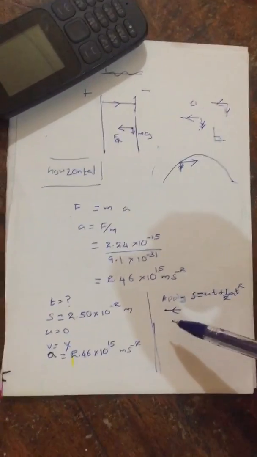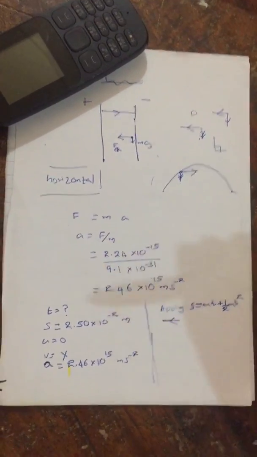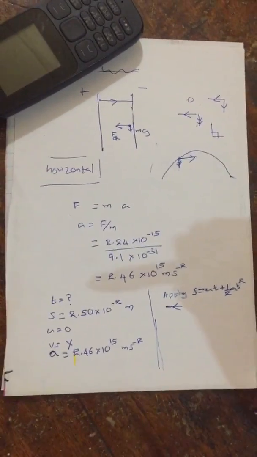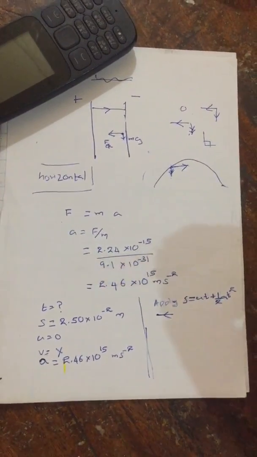Now don't be confused by this arrow as a field line, this is just the direction of the equation when we apply a vector equation.